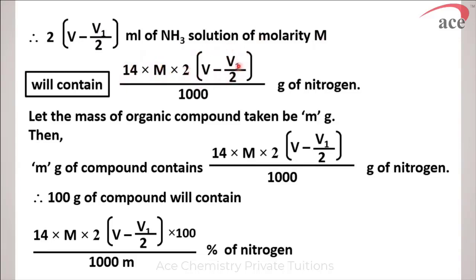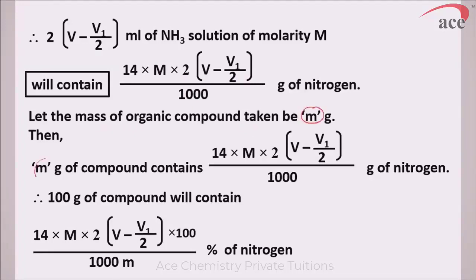This is the expression which indicates the amount of ammonia formed, divided by 1000. I have taken 14 because the atomic mass of nitrogen is 14, and M is the molarity of the acid. Let the mass of the organic compound that we have taken in the Kjeldahl flask be m gram.